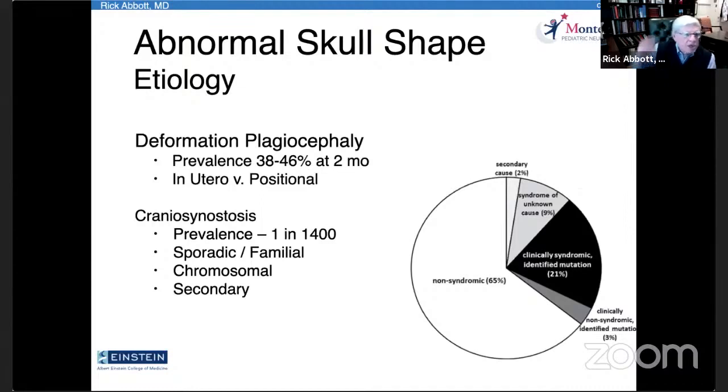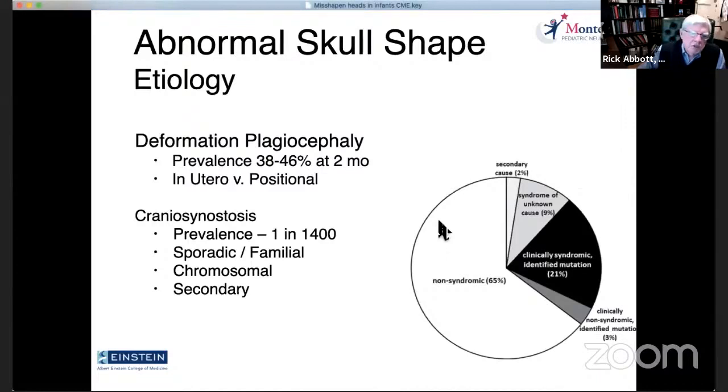In utero forces can be seen in about 18% of newborns, according to one study that looked at 201 newborn infants within 36 hours of their birth. Positional, as I said, is going to be 80% plus of the children that exhibit plagiocephaly by 2 months of age.